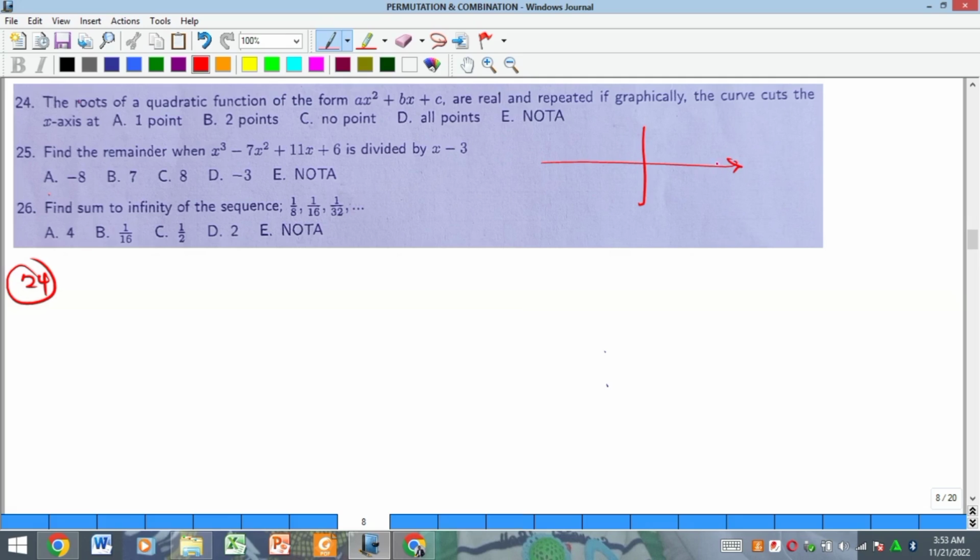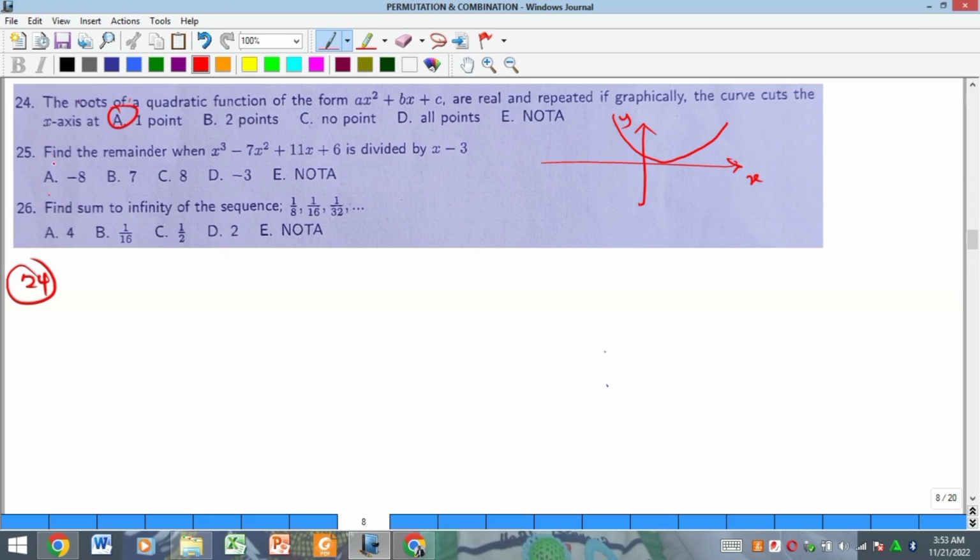You can also watch that under types of roots or forms of roots. I've explained that. So this is our y-axis, this is our x-axis. For you to have real and repeated roots, real roots means that it will touch the x-axis. Repeated means it will touch it just at a point, something like this. Okay, so just at one point.